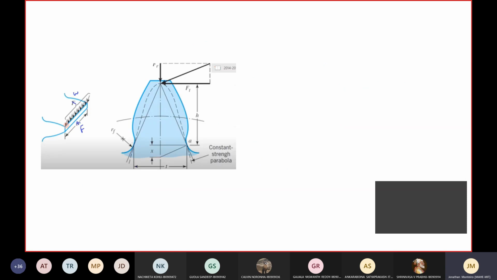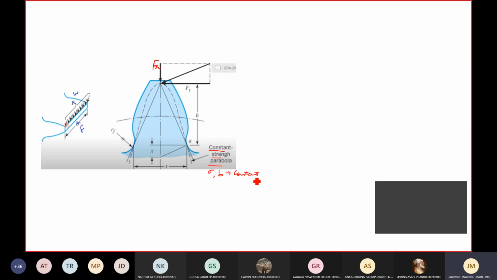Look at this figure here. Some parts are missing. We know this dashed line is the constant strength parabola that we just described. Why do we need the constant strength parabola? Because sigma and b should be constant.